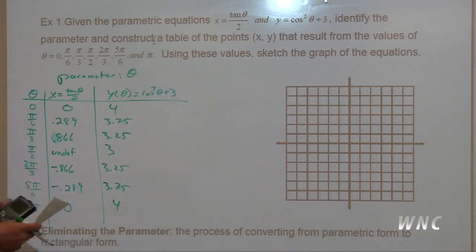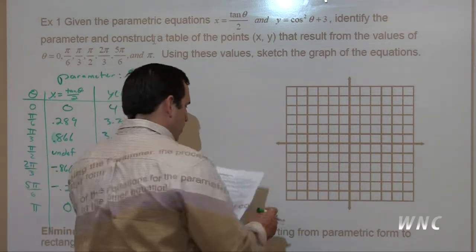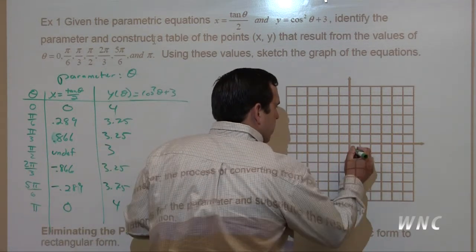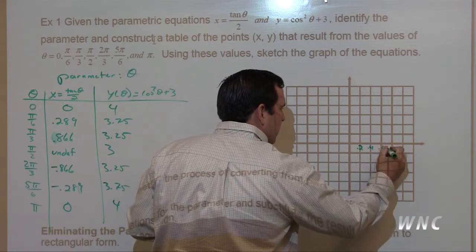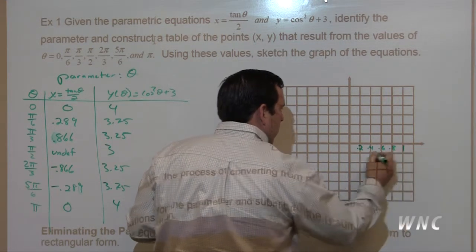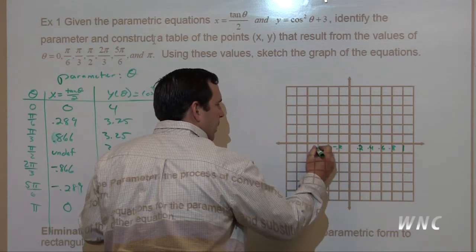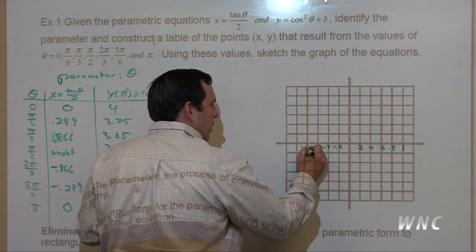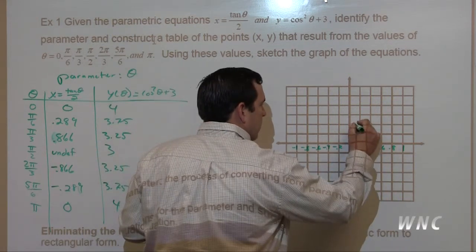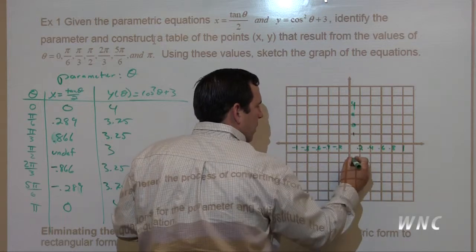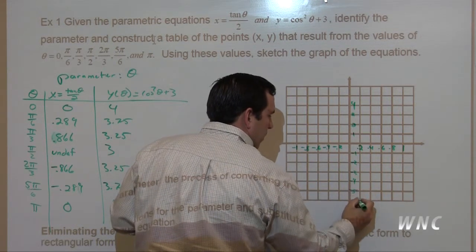So let's graph this. I'm going to plot some points. I'm going to go with 0.2, 0.4, 0.6, 0.8, 1, negative 0.2, negative 0.4, negative 0.6, negative 0.8, negative 1, and then 1, 2, 3, 4, negative 1, negative 2, negative 3, negative 4.